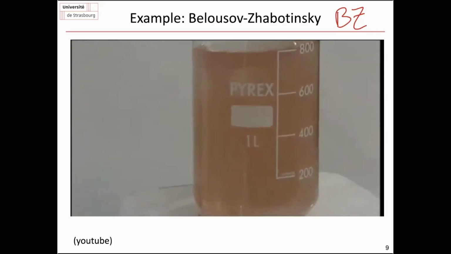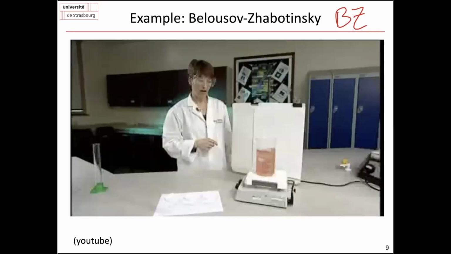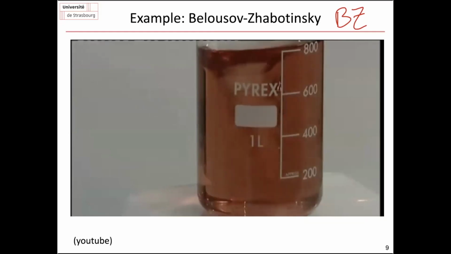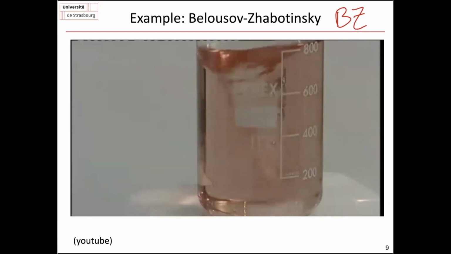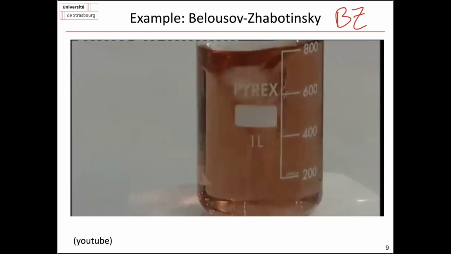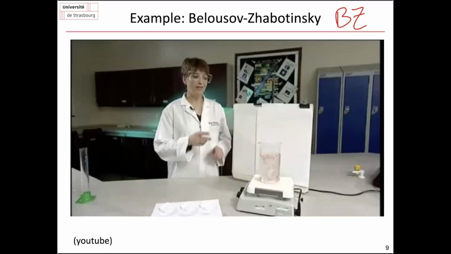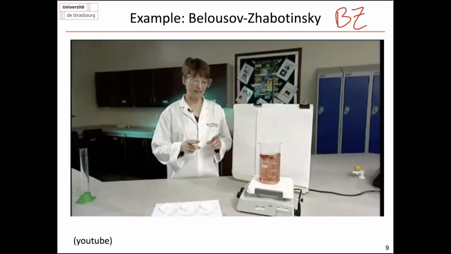Here it's still dissolving a bit, but it will soon turn into a clear solution. And let's wait a little bit. It's stirred, and there it goes. It goes to transparent, and then the color comes back. It goes again to transparent, and it comes back, right?